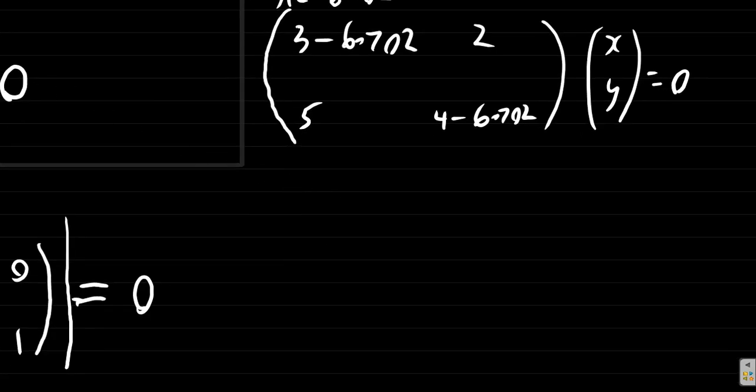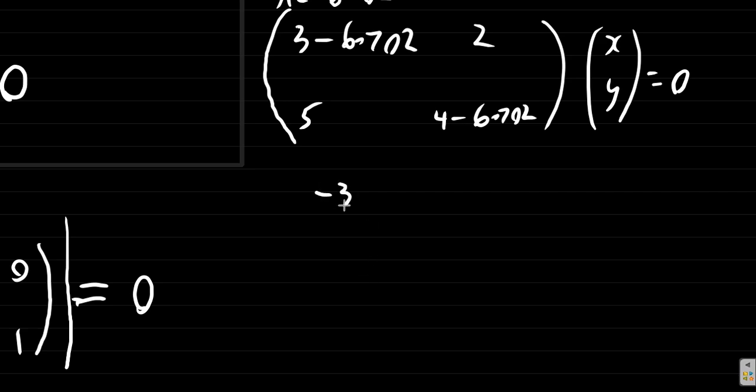So what we have here now is 3 minus 6.702. Alright, I'll do it off screen on my calculator. 3 minus 6.702 is negative 3.702.